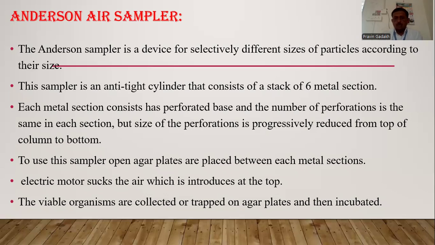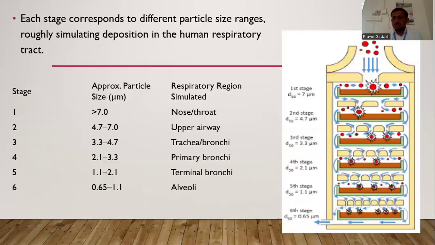In this, the viable organisms are collected on our plates, and similarly, we have to incubate these plates so that we can get a proper count of the different organisms present in the different sections. This diagram shows the Anderson air sampler, which can be used for air sampling.